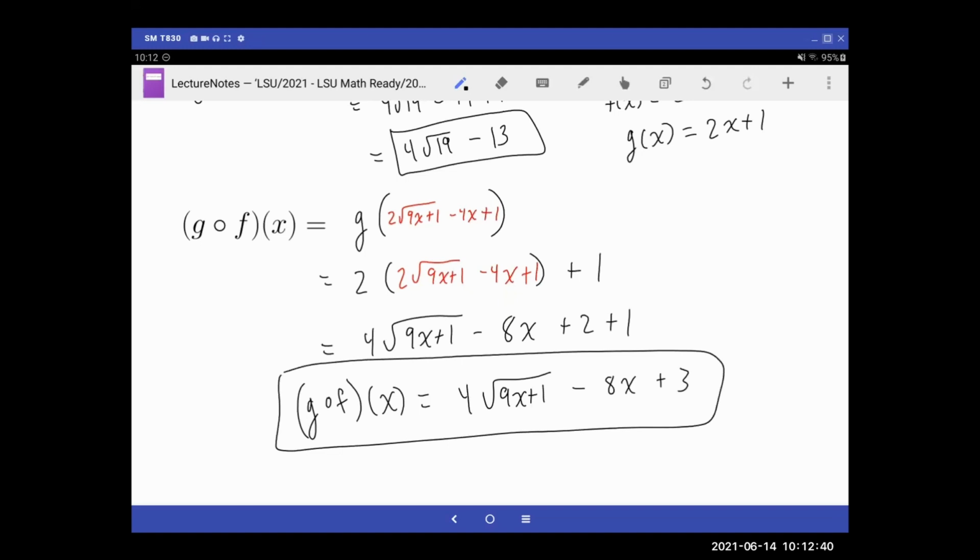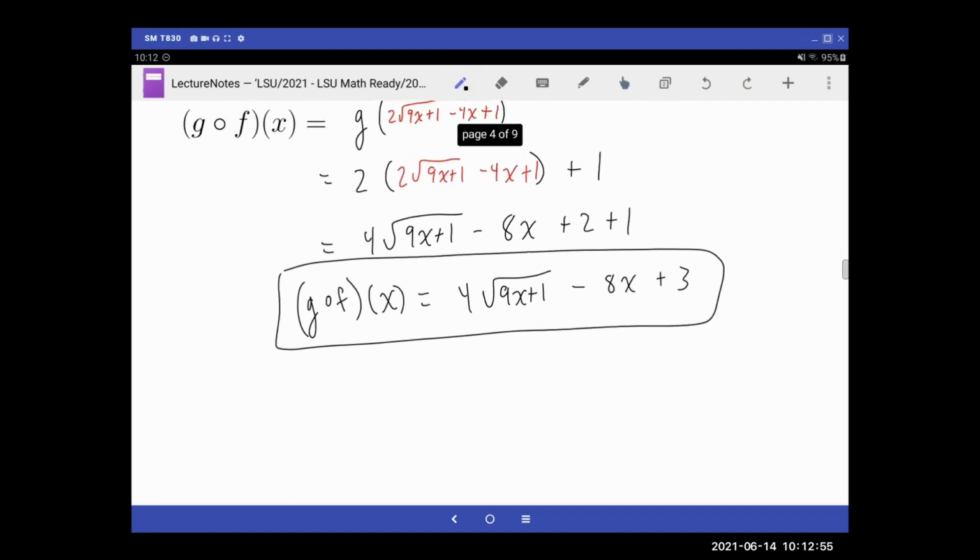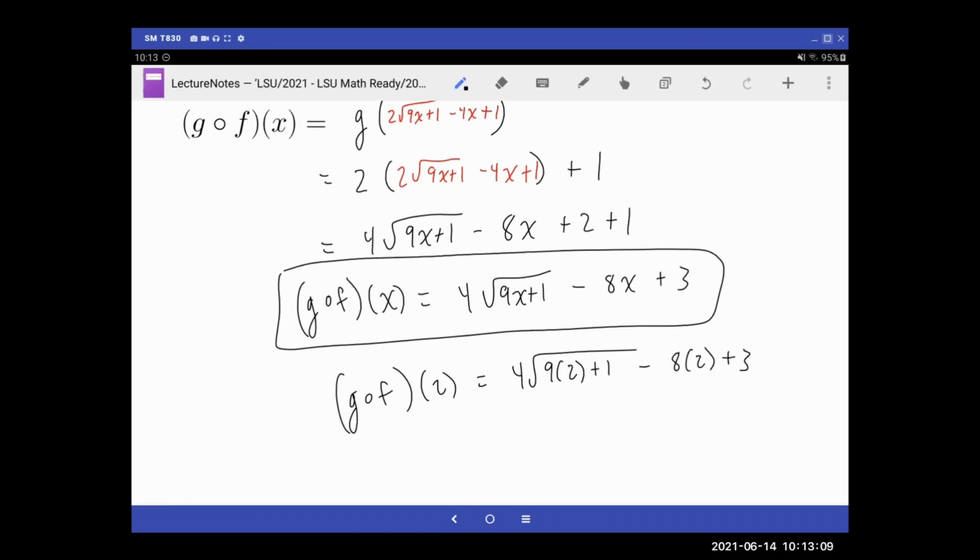Okay, and so this is a function that I could use. It's a formula that I could use to find this here without having to do the 2 steps. Okay, matter of fact, let's try that out. Okay, let's see if we get the same thing.